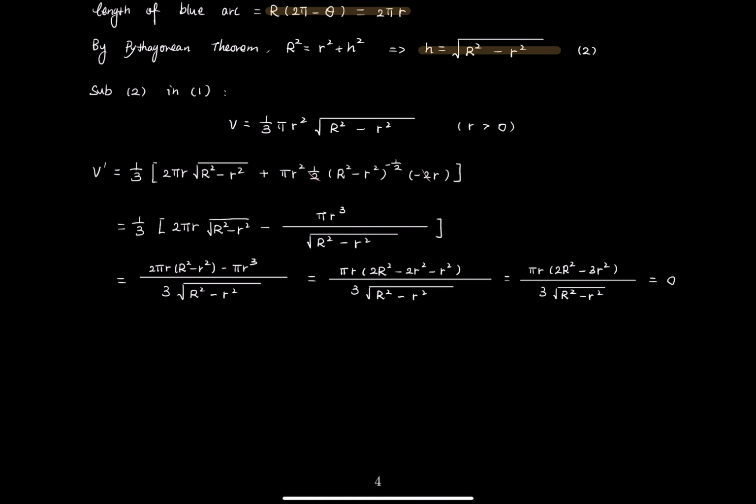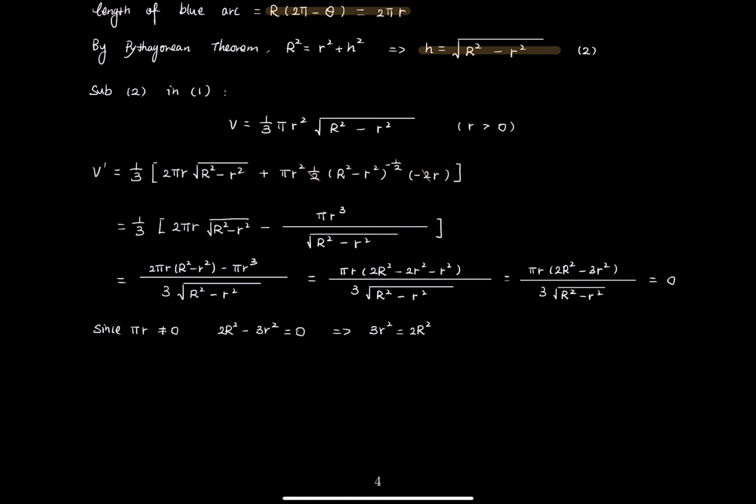Now, in order for this to be 0, which means your numerator has to be 0, we know that pi r cannot be 0 since r cannot be 0, right? Since pi r is not 0, in order for this to be 0, we need 2 capital R squared minus 3 small r squared equals 0, which means that 3r squared equals 2 capital R squared.